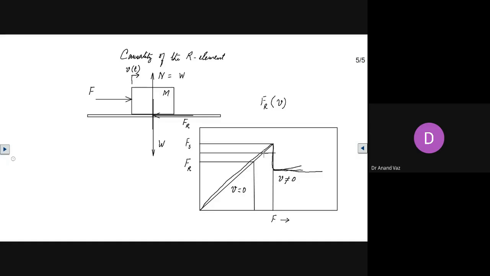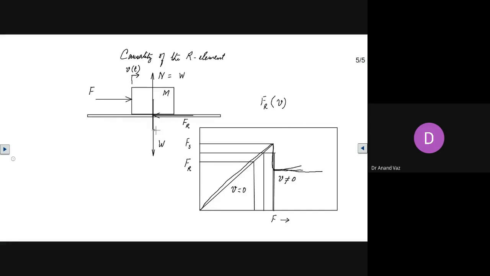One is this value, the other is this value here. So you have two values possible. That means this relationship is not invertible. For the same frictional force, you have two possible values of applied force. It could be with a velocity, or without, when velocity is zero.